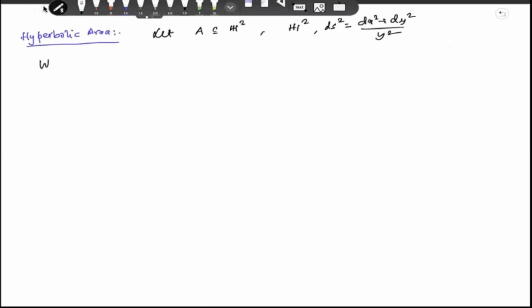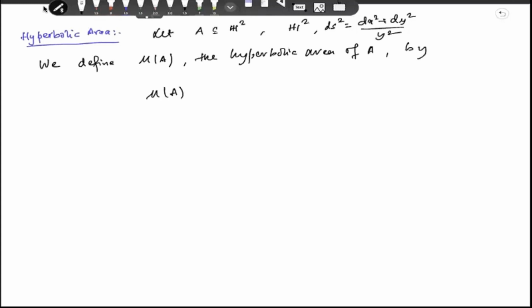So we define mu of A, the hyperbolic area of A, by the double integral dx dy over y squared over A, provided this integral exists.